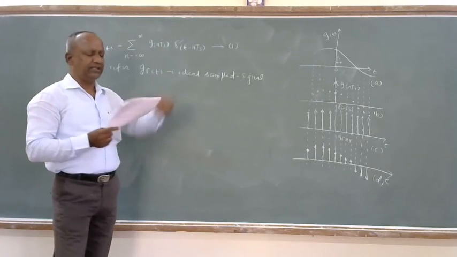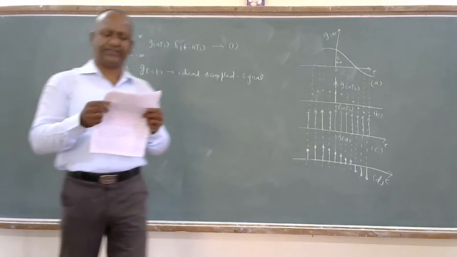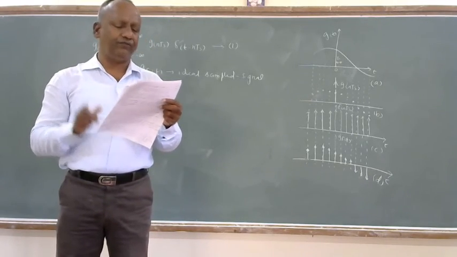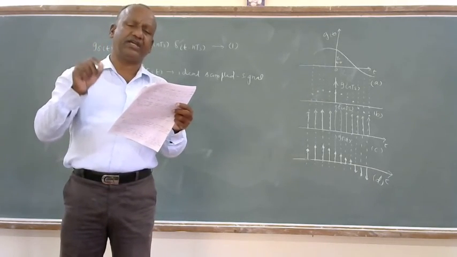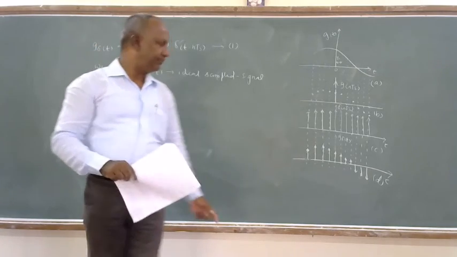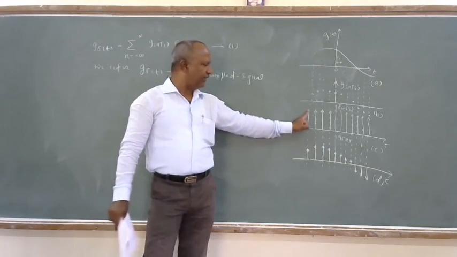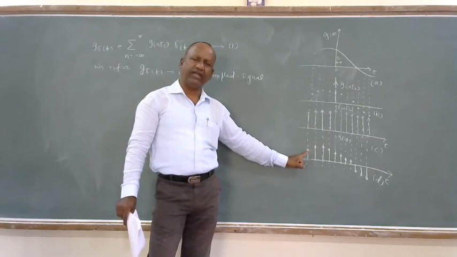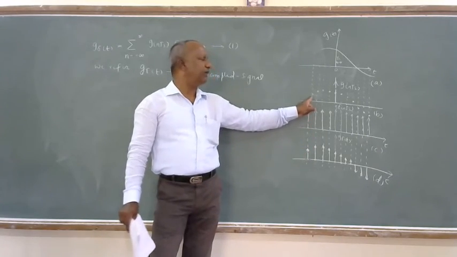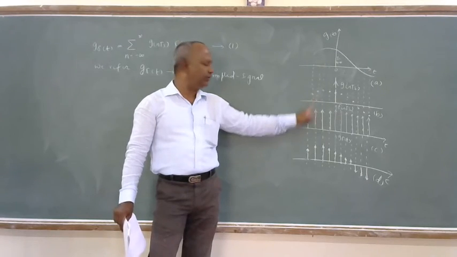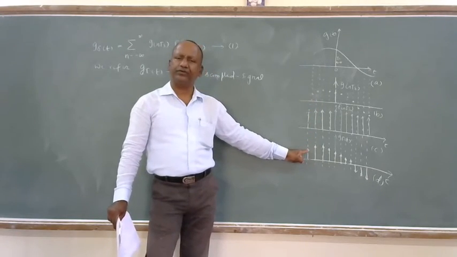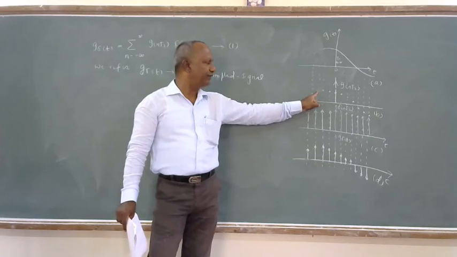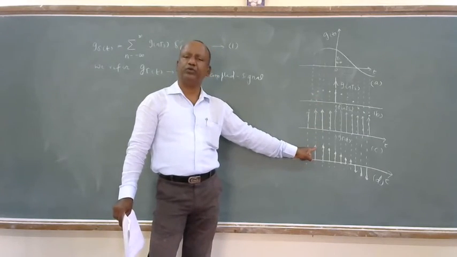That is why the multiplying factor z of nTs in the above equation 1 is viewed as the mass assigned to the delta function. Because see, what is the value of the delta function here? 1. What is the value here? It is a sample value. For example, if the sample value is 2.4, the delta function here is 2.4. If the sample value is 2.5, it becomes 2.5.